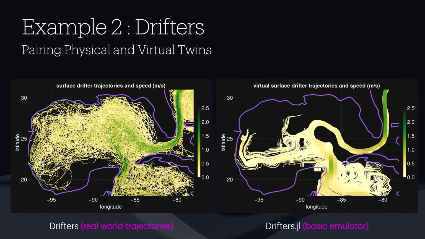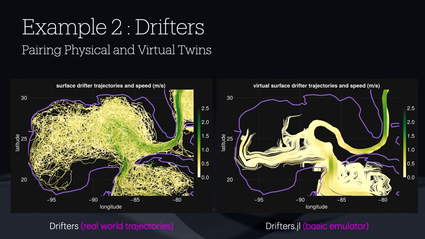Here's another such example, now for what's called surface drifters. This is the Gulf of Mexico. On this side, you have the real data. On that side, you have a simulation of that. And here, I did something we just talked about. I took all of the data on the side over there, the far one, made a gridded map of the 2 components of velocities along those trajectories, right?